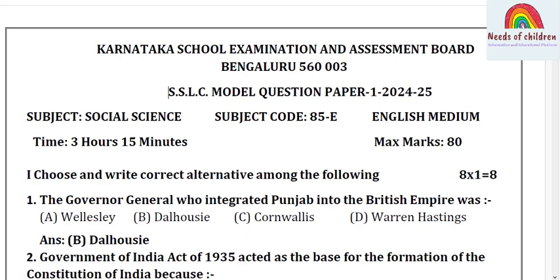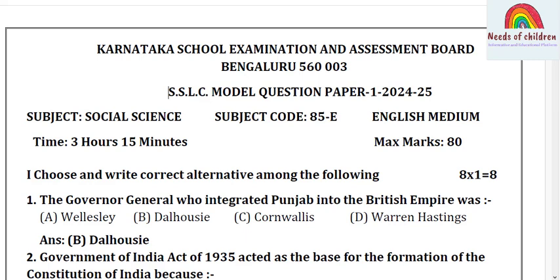So let's come to the information. The first main question: choose and write the correct alternative among the following. That means the multiple choice questions, there will be 8 multiple choice questions. Students, the first question: the Governor General who integrated Punjab into the British Empire was. Option A, Wellesley. Option B, Dalhousie.